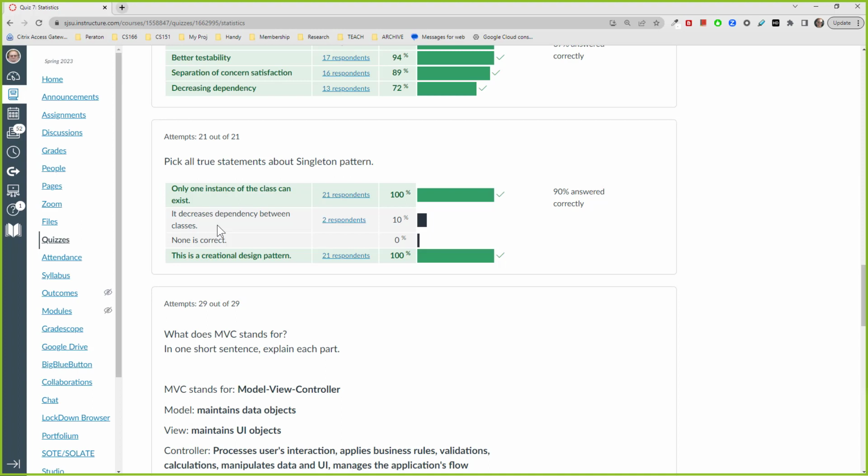No. Did we talk about dependency or something like that? The main purpose of the singleton is here. This is a creational design pattern. This is true as well. But we didn't talk about the dependency between what and what. I am talking to these 2 students.